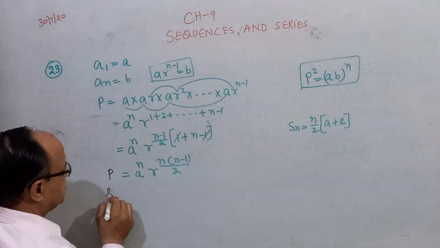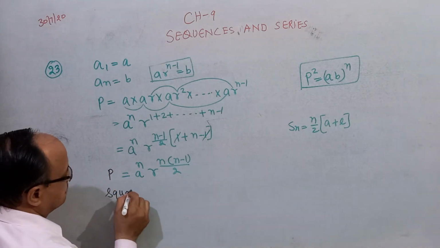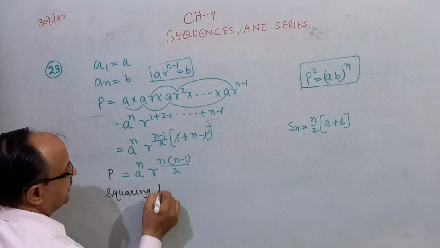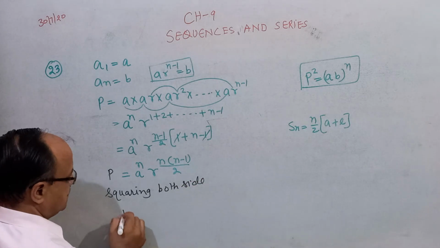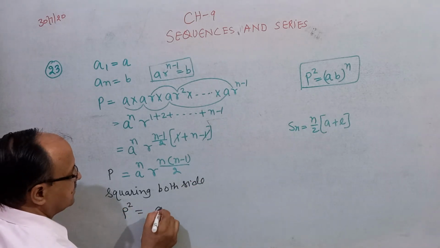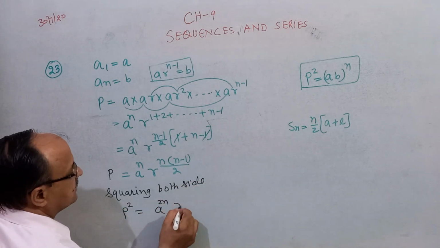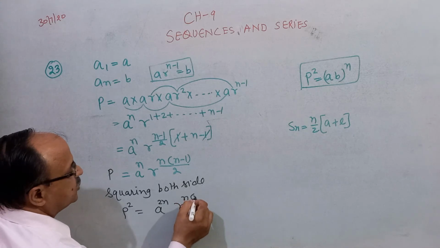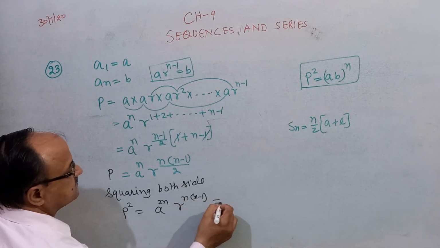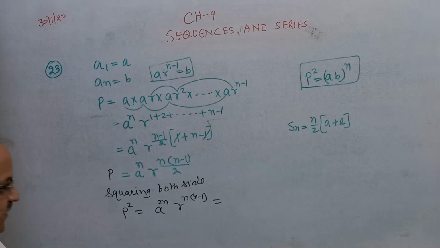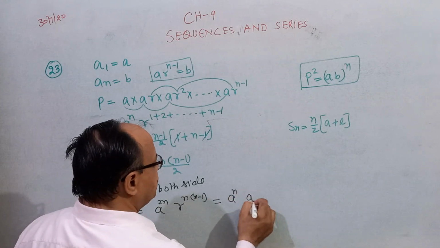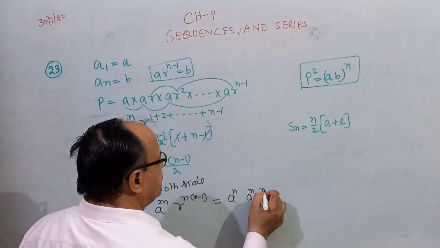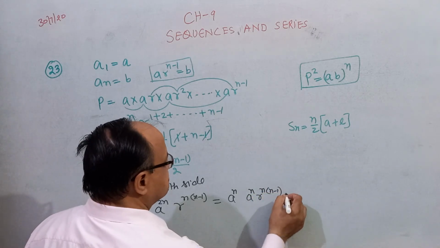Now squaring both sides, P square is equal to A to the power 2n and R to the power n into (n minus 1). Now simplify this term. A to the power 2n you can write as A to the power n into A to the power n, R to the power n into (n minus 1).